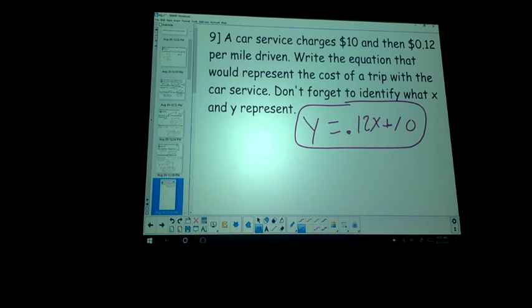So, here's my slope. Just for you to sit in the car and not go anywhere, it's costing you $10. And then every mile they drive, they're going to charge you 12 cents, right? So x would be miles driven. y would be total cost.